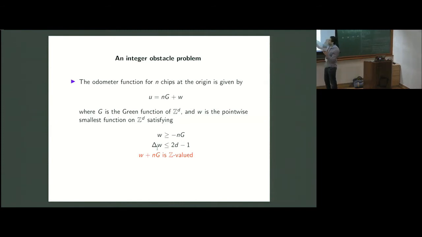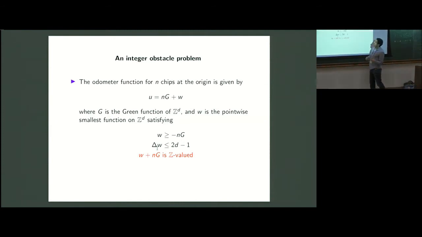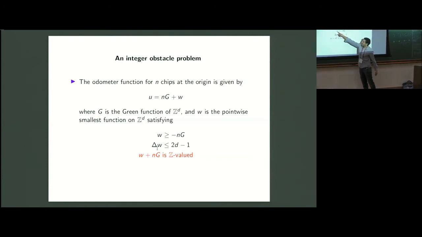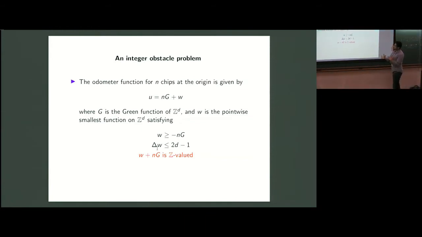You take capital G, the Green function of Z^d, and we're going to use minus n times the Green function as an obstacle for an obstacle problem. So we're looking for a function w that's pointwise larger than minus n times the Green function, and its Laplacian is upper bounded, so it can't bend up too fast.